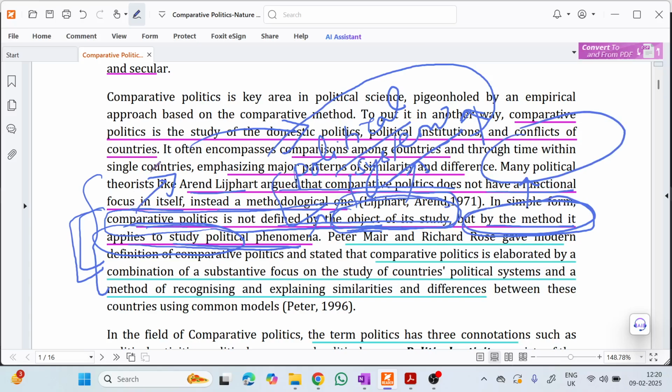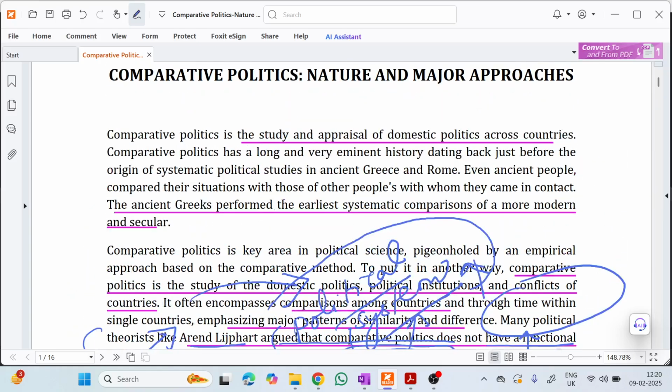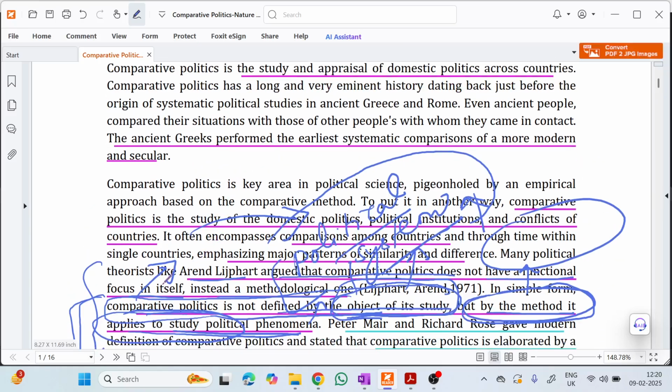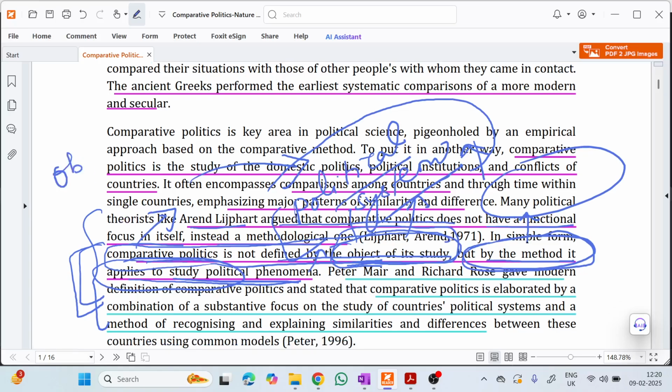It has been shown here that comparative politics has an objective, which is to find the trends, to find the similarities and differences. This objective needs to be achieved, and there is not one shot or one approach that can find all the available similarities and differences or the major patterns.